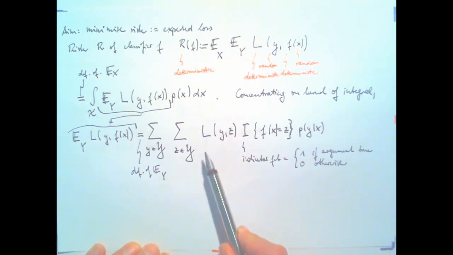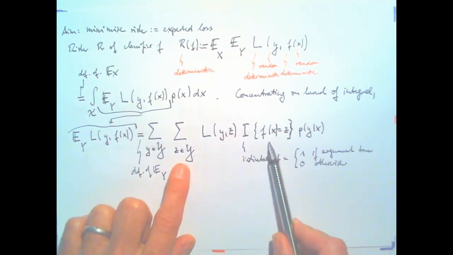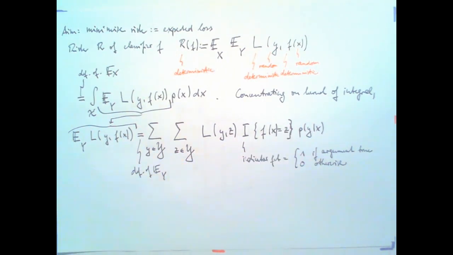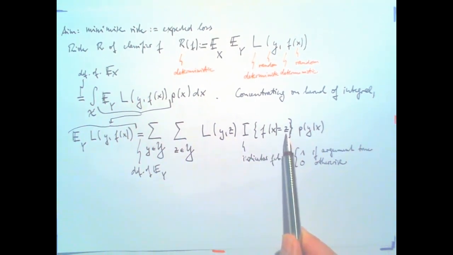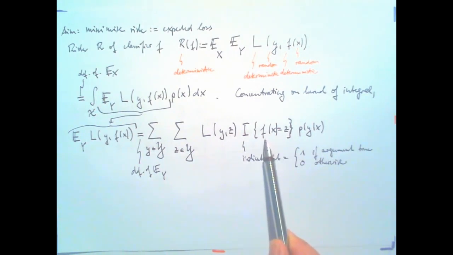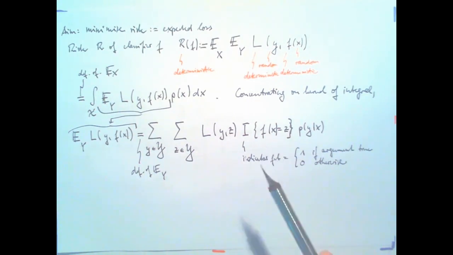And this extra thing here with the indicator function is just to know which label my classifier predicted. So I'm adding up only the losses for the label Z that was actually my prediction. Plausible or not? Maybe. Go ahead.